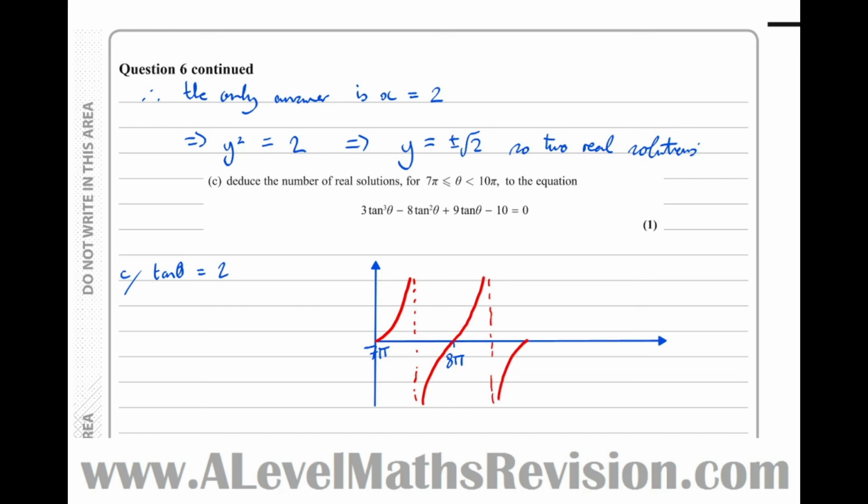There's 9 pi, and there's 10 pi. So 7 pi, 8 pi, 9 pi, and 10 pi. And it said, deduce the number of solutions for tan theta equals 2. So let's draw a horizontal line at 2. There, we can see 3 solutions. So the answer is 3.